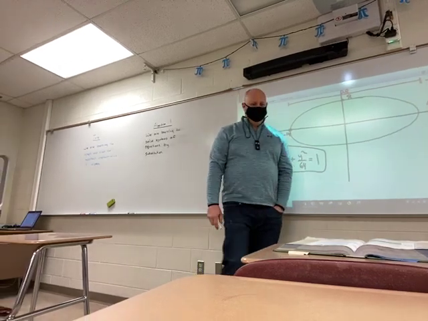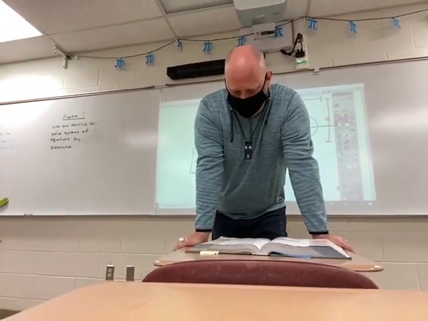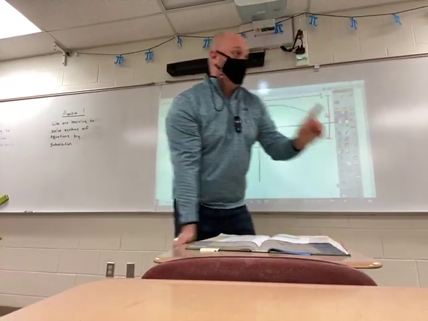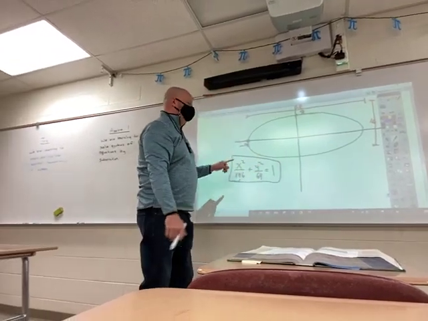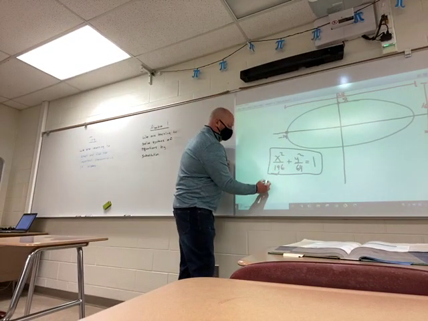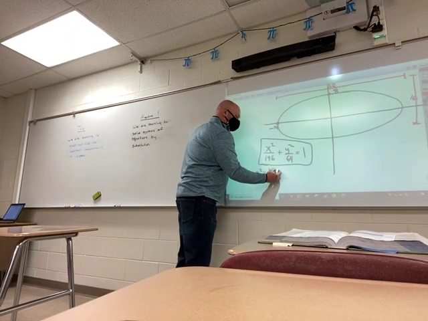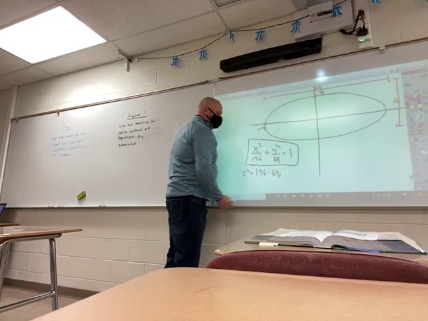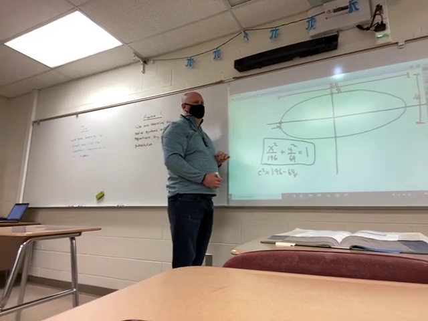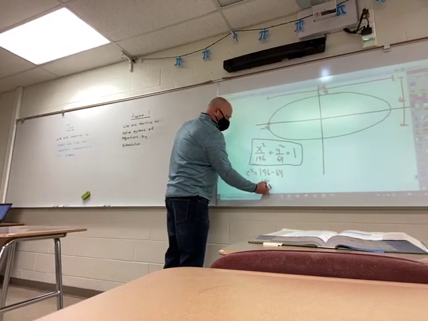How far apart are the foci? Oh, how far apart are the foci? Okay, so you have to do that first, because how are you going to find the foci? You've got to use your c squared equals a squared minus b squared. So 196 minus 64. What's 196 minus 64? 132.